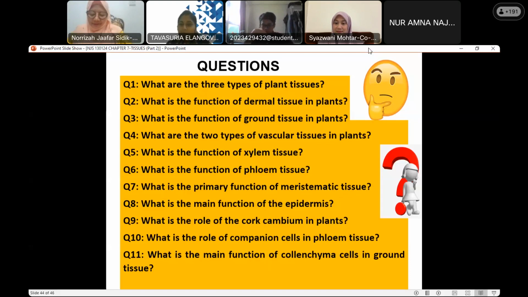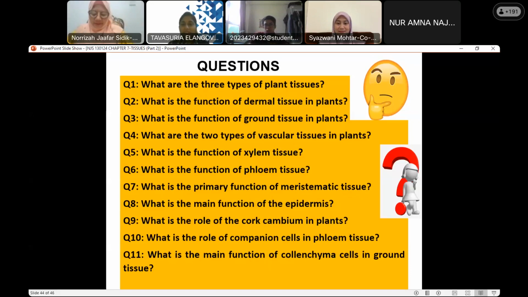Muhammad Irfan said mechanical support. Isma said involved in photosynthesis. Yes, photosynthesis. Correct. Muhammad Aiman Abdullah said provide support, storage, and photosynthesis. And Caesar Carolos said stores water and food. Farhan said storage and structural support. Yes. Okay.